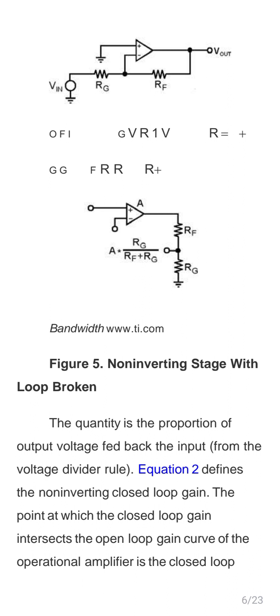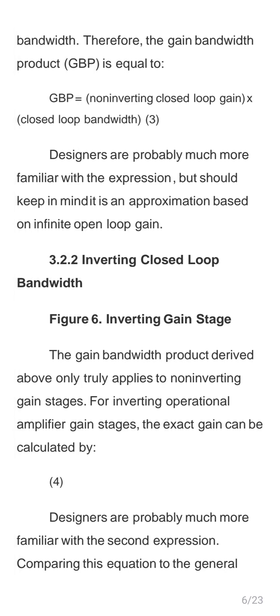The second one is the non-inverting stage with the loop broken. A proportion of the output voltage is fed back to the input and defines the non-inverting closed loop gain. The point at which the closed loop gain intersects the open loop gain curve of the operational amplifier is the closed loop bandwidth.